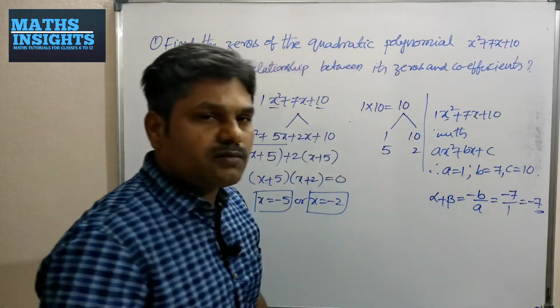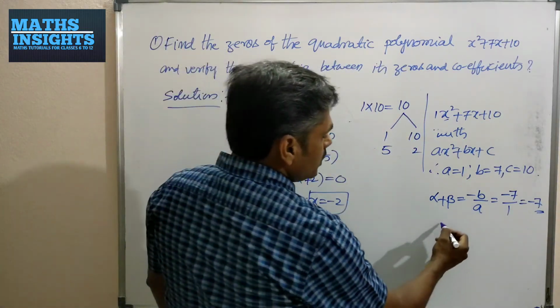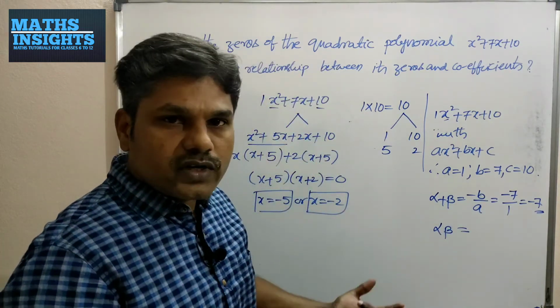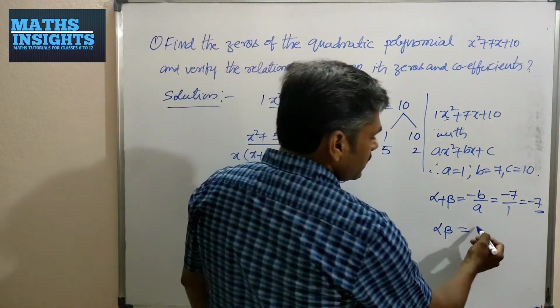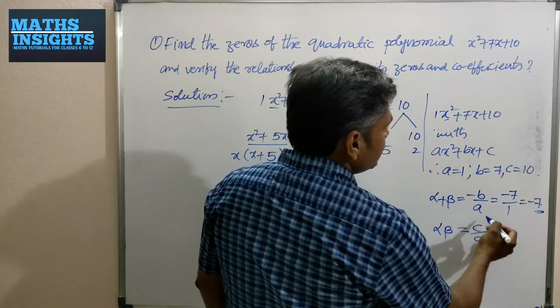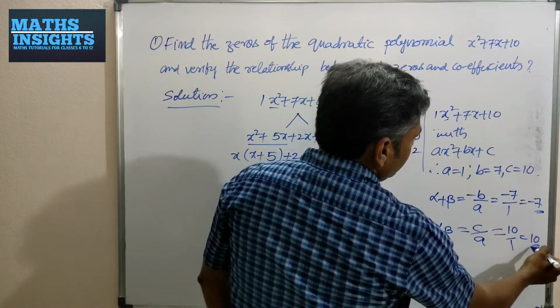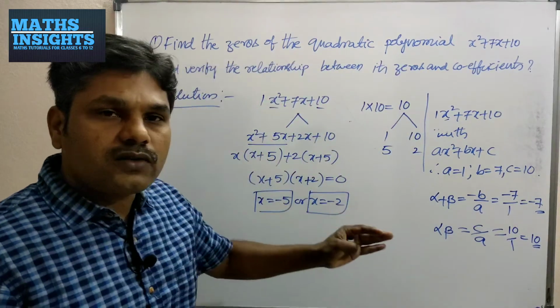This is the sum of the zeros, and also the product of the zeros is c by a, just as we discussed in the previous topic. c is the constant 10, by 1, that is equal to 10, the product of the two roots.